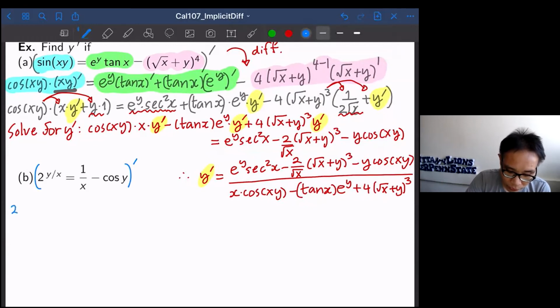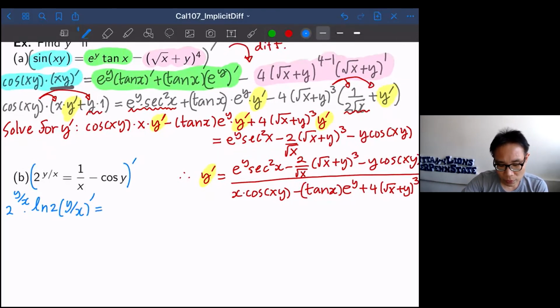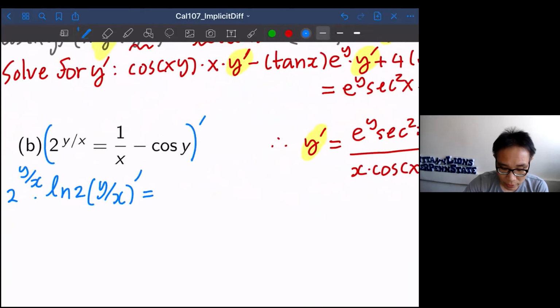So 2 to the y over x is going to be 2 to the y over x log 2. And you differentiate inside, so you have y over x prime. Okay. And you differentiate 1 over x, which is going to be, let me write this one a little smaller.